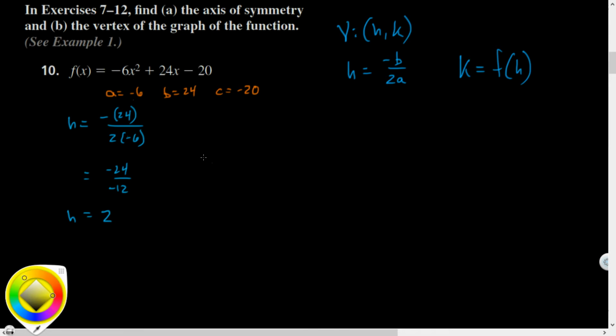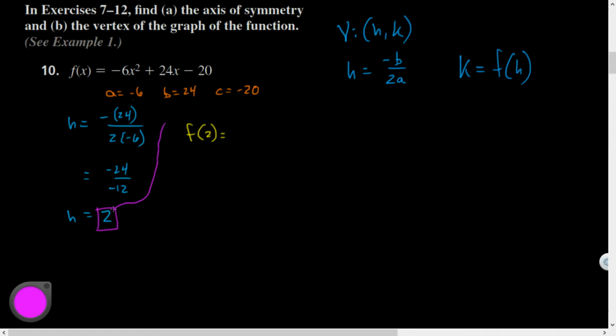Now to find k, I'm going to do f of 2. I'm taking this number and plugging it into the function. So f of 2 is going to be negative 6 times 2 squared plus 24 times 2 minus 20.